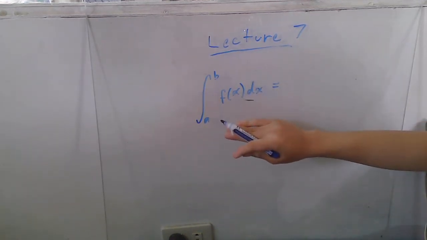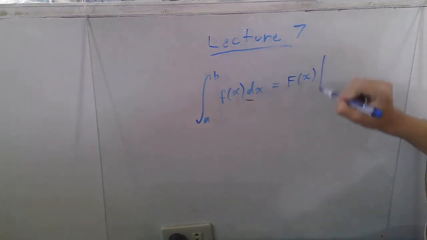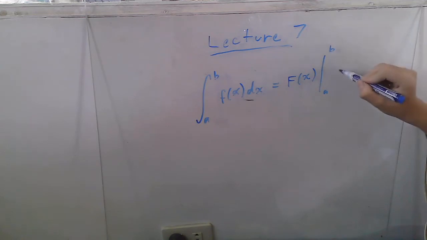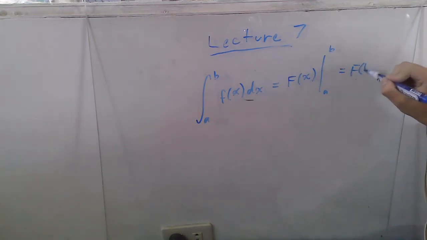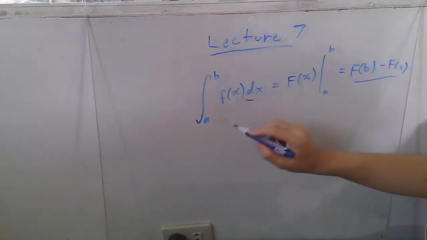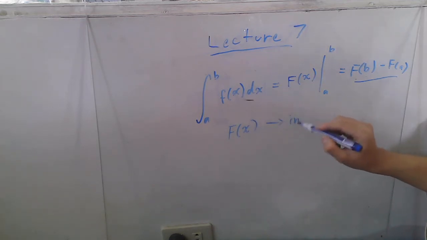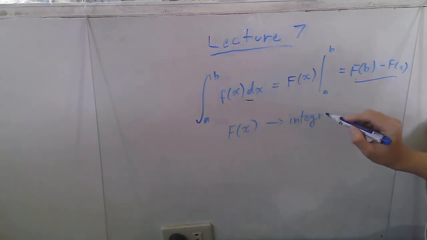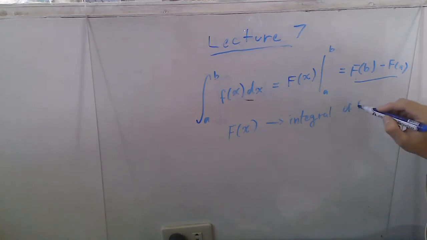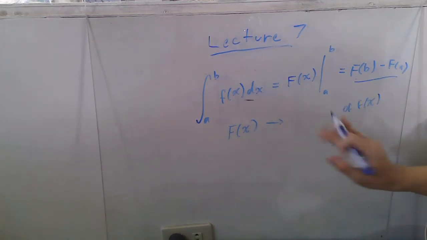This fundamental theorem states that it is simply capital F of x evaluated from A to B, which is basically just F of B minus F of A, where F of x is the integral of f of, actually not integral, but rather the antiderivative.